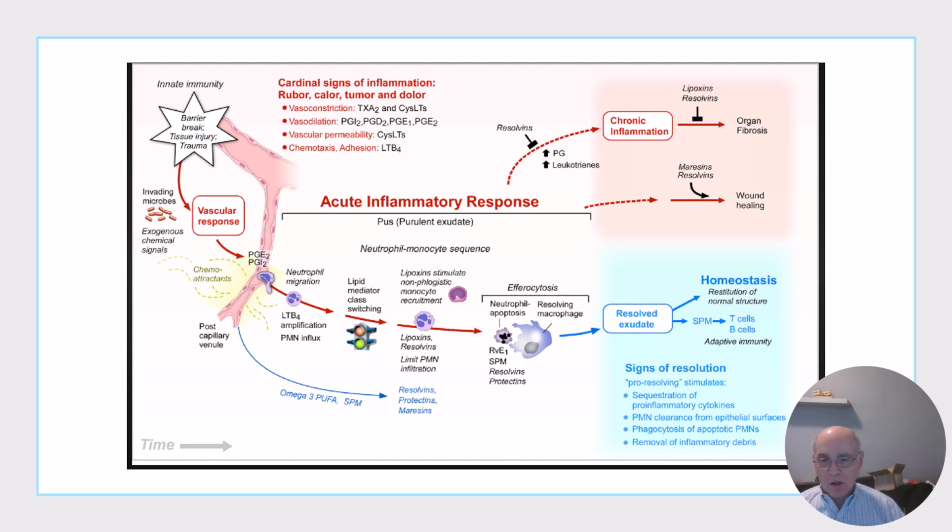And you can see when something activates an immune response, whether it's a pathogen or some type of trauma to tissue, it suddenly creates the production of these adhesion molecules to attach to the inner surface of very small blood vessels.